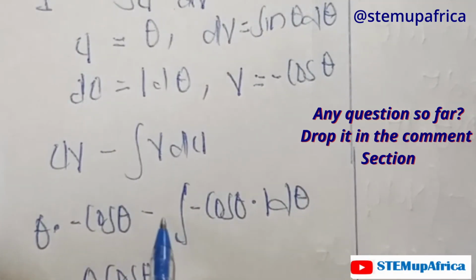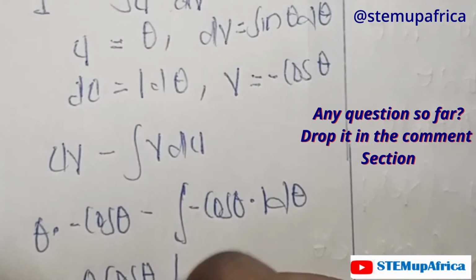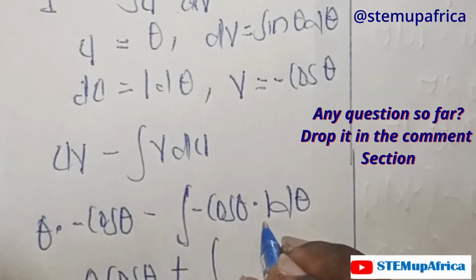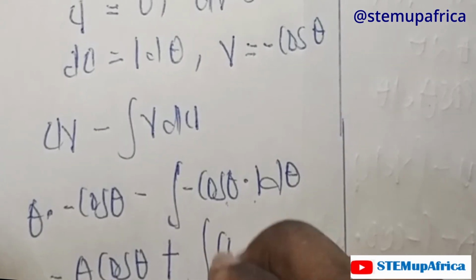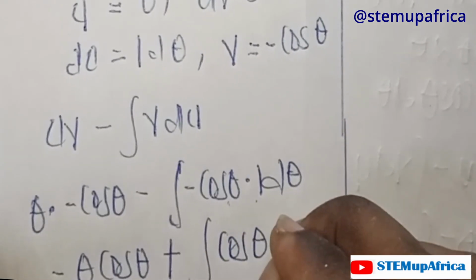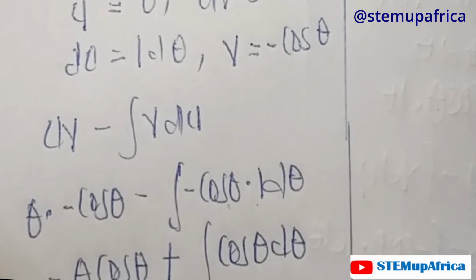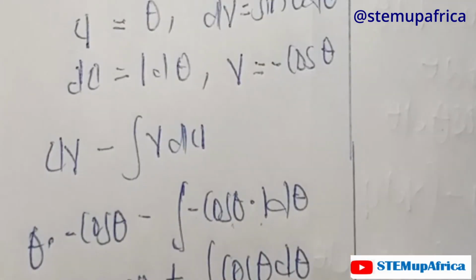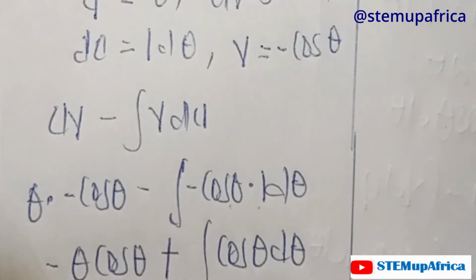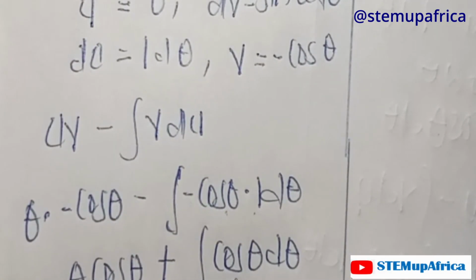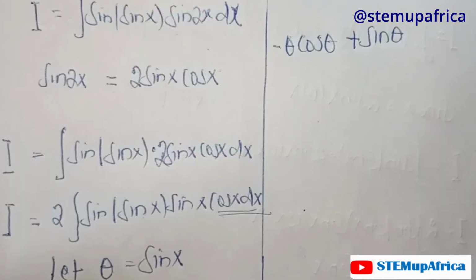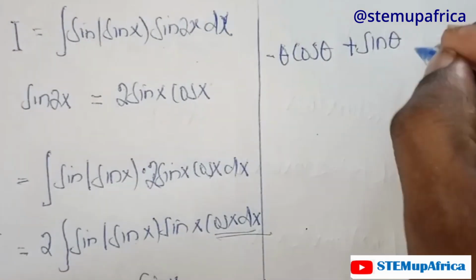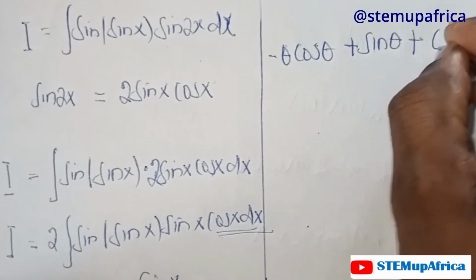The negative sign combines to give me plus the integral of 1 times cos theta, which is cos theta d theta. So what happens if I integrate cos theta? I'm going to have sin theta. So if I integrate cos theta, I have sin theta plus c.